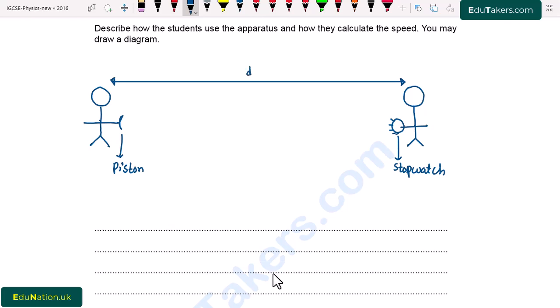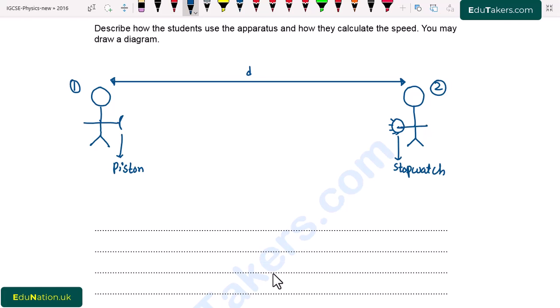So first of all, we have to measure this distance by using the measuring tape. Then the first student, I say he is first and this is the second student. The first student fires the pistol and the moment when the other student sees the smoke, he starts the stopwatch.